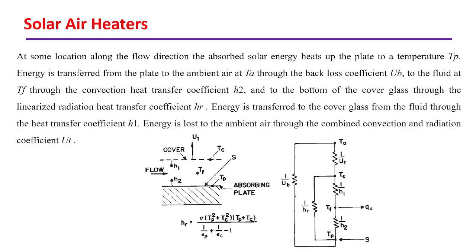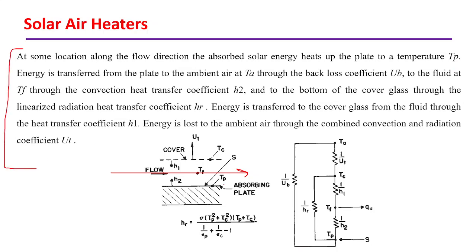We have to know how the heat is flowing, how the fluid is flowing, and how all the losses are taking place. For that, later you can go into detail with the given statement.